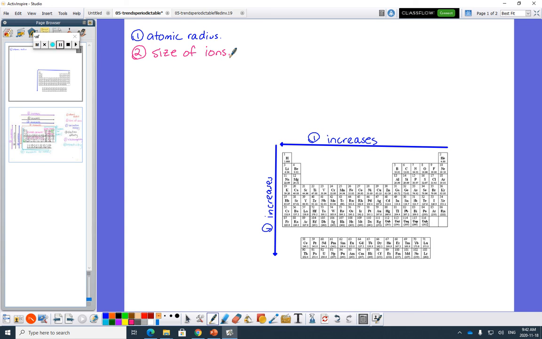For size of ions, we don't even actually really need arrows. And what you can do is just quickly make a staircase.